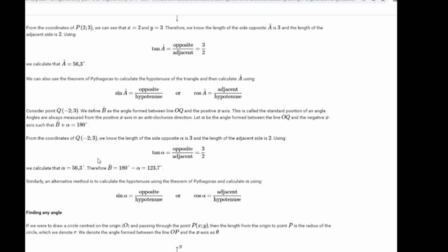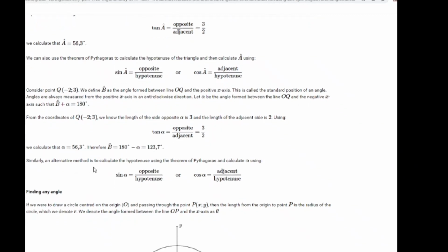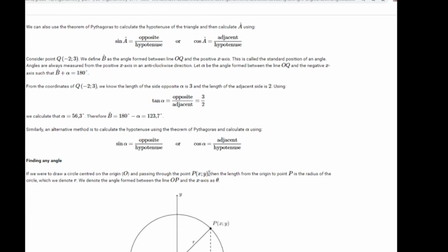Now we can calculate the value of B from that equation there, because when you add angle B and alpha, you should get 180 degrees. Now that you have alpha, you can calculate B. Similarly, an alternative method is to calculate the hypotenuse, use the theorem of Pythagoras, and calculate alpha.